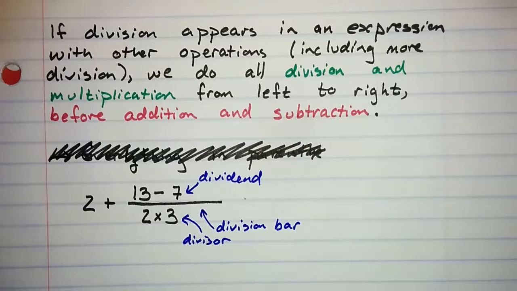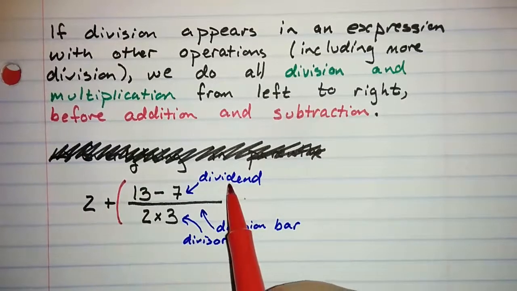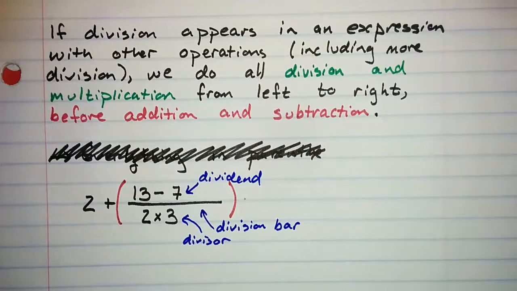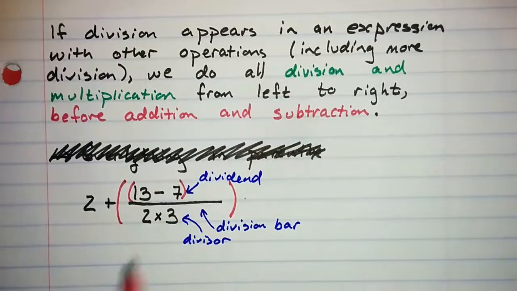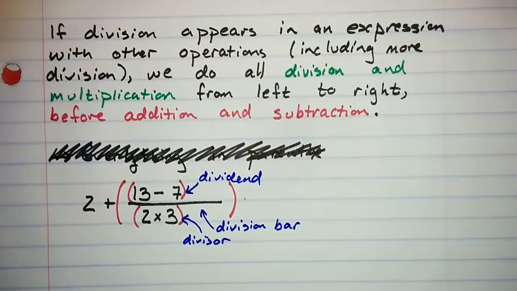What happens when we encounter a division bar in a problem like this? We should treat the whole division bar as being inside parentheses, and both the dividend and the divisor as being inside parentheses.